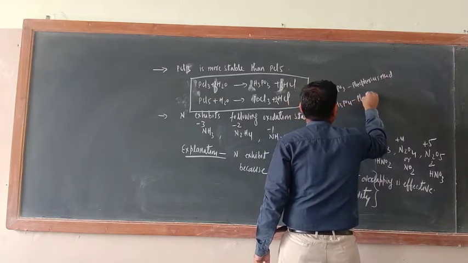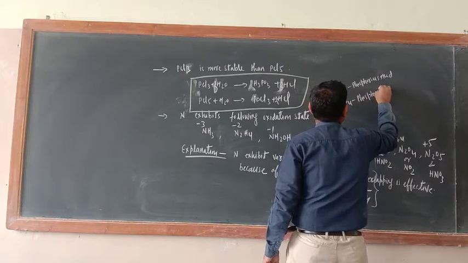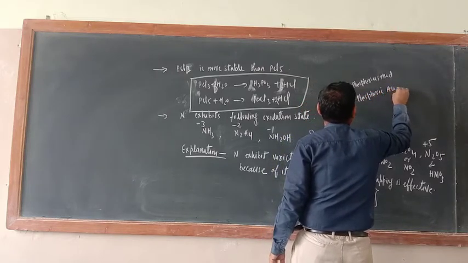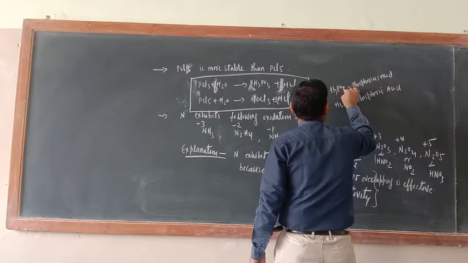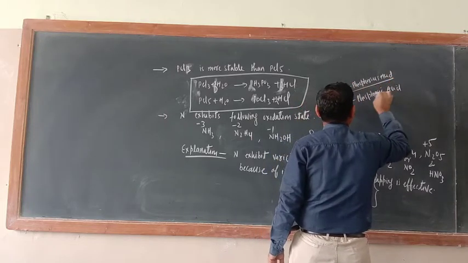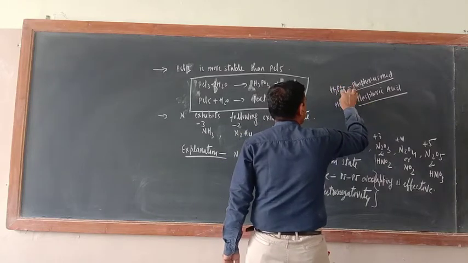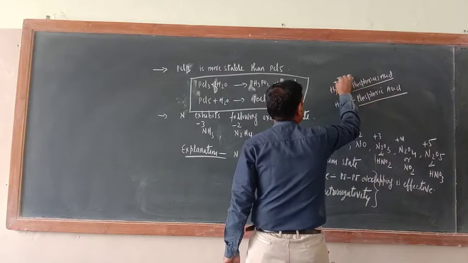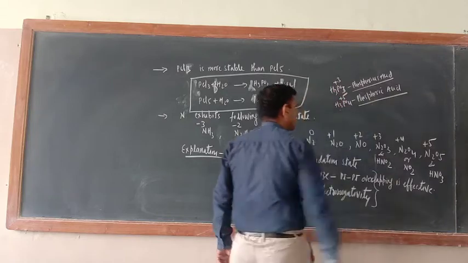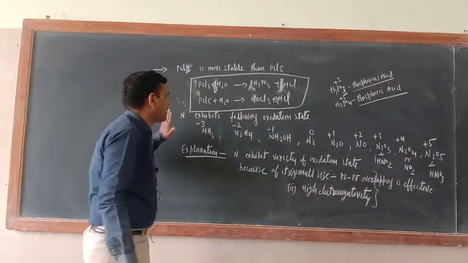H3PO4, this is phosphoric acid. H3PO3 is a phosphorus acid, H3PO4 is a phosphoric acid. Here the oxidation state of phosphorus is +3, here the oxidation state of phosphorus is +5, okay.